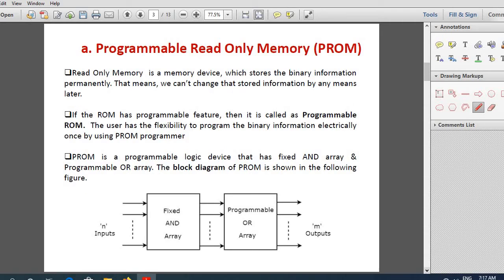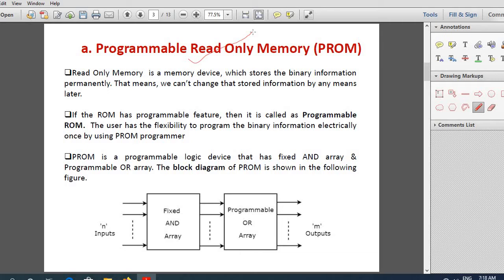Now, first we look at what is programmable read-only memory. I hope you know what is read-only memory or ROM. It is a memory device which stores information permanently. It means that once it is stored, we can't change that information.